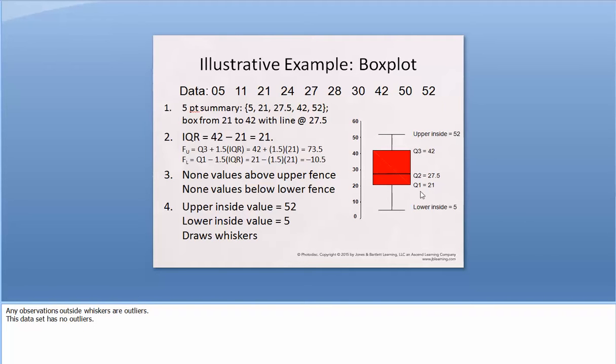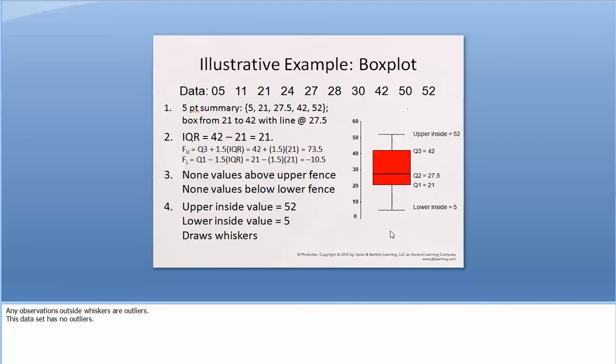Okay, and then you have something called whiskers. Now any observation outside the whiskers is considered to be an outlier. That's what I have mentioned in here.